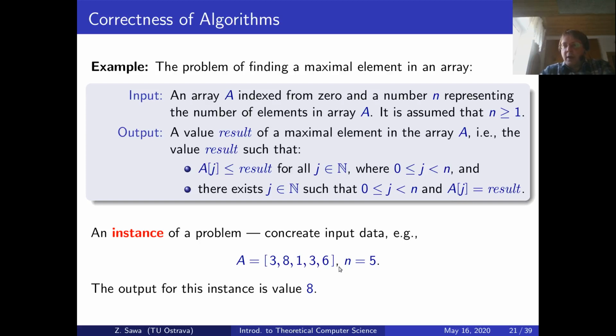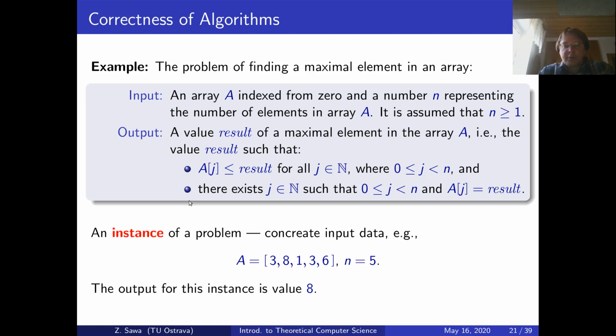So this is the case when the algorithm runs on the given input without any kind of error, but the produced value does not satisfy the specification of the output.